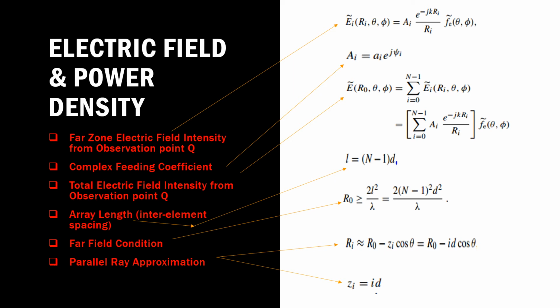The electric field expression of the ith element can be given by this equation, where Ai is the complex feeding coefficient, and the complex feeding coefficient is constructed by ai into exponents of j phi i, where a is the amplitude and phase phi i of the excitation of the electric field, and this gives rise to the Ei relative to the reference excitation.